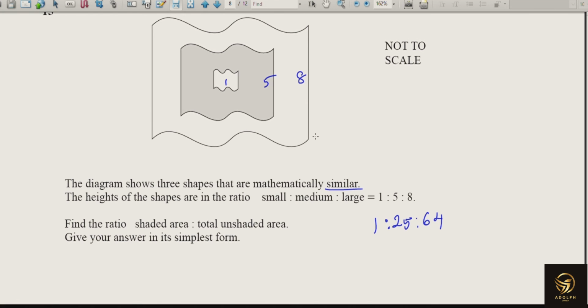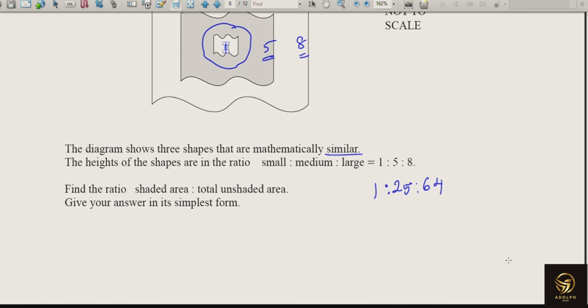Maybe my answer is not over yet, because I have to classify it into shaded and unshaded. Here this is unshaded, this is shaded, and this is unshaded again. But the 25 is not fully shaded, because this inside part I should remove. So shaded is 25 becoming 24, and 64 is the total.